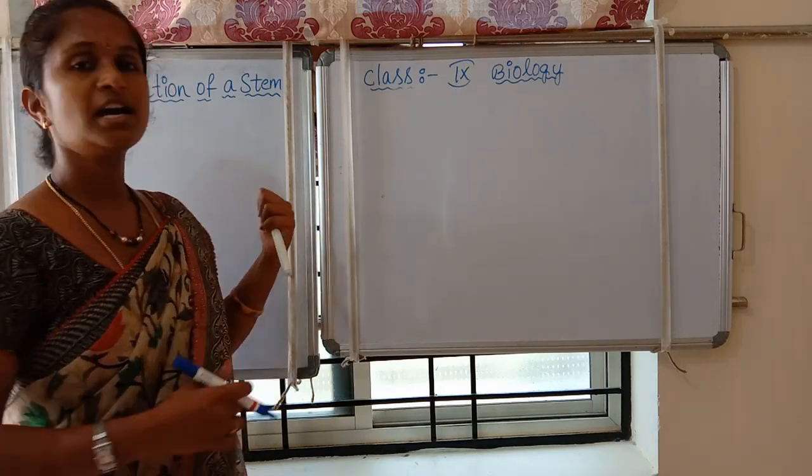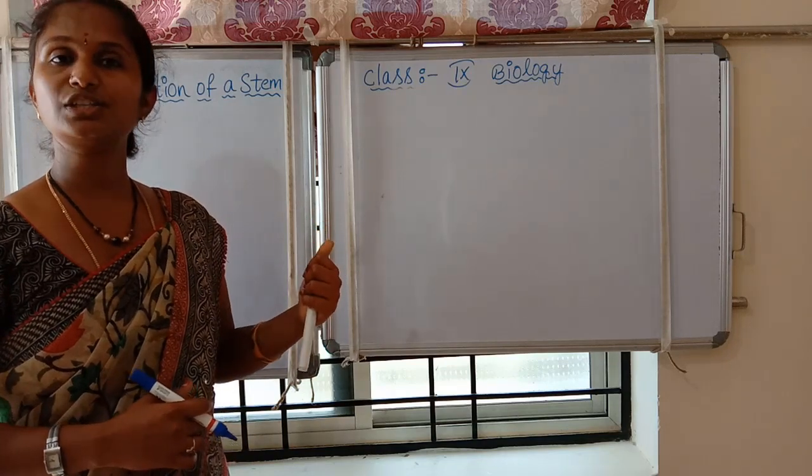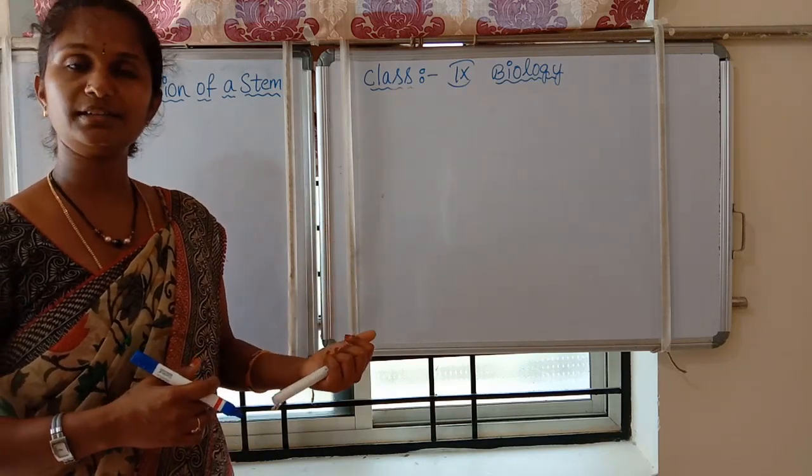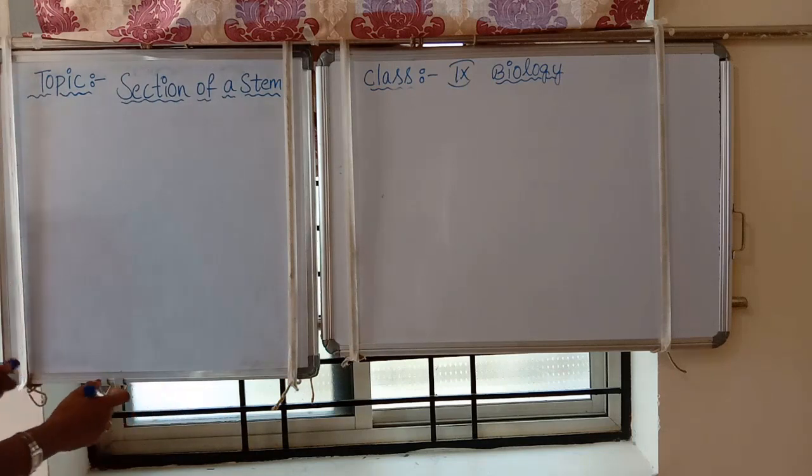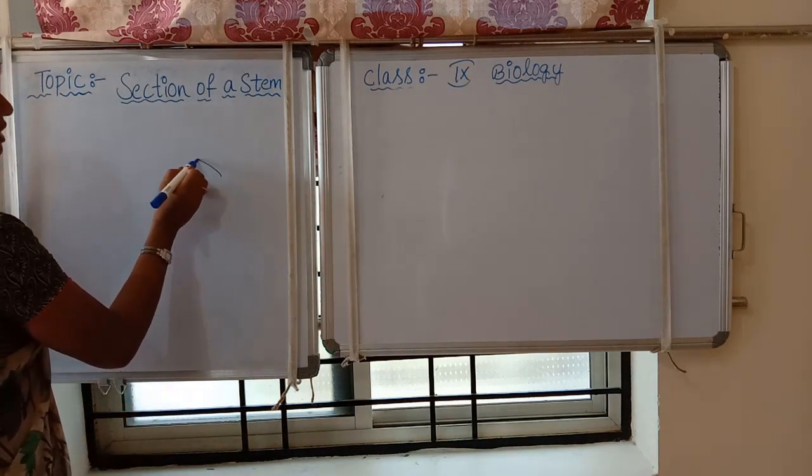Okay, first I am going to draw the cross section of a stem, what I observed under the microscope. Now I am going to draw. Look very carefully.